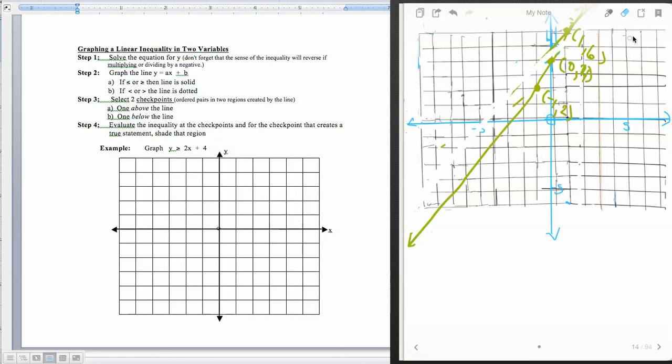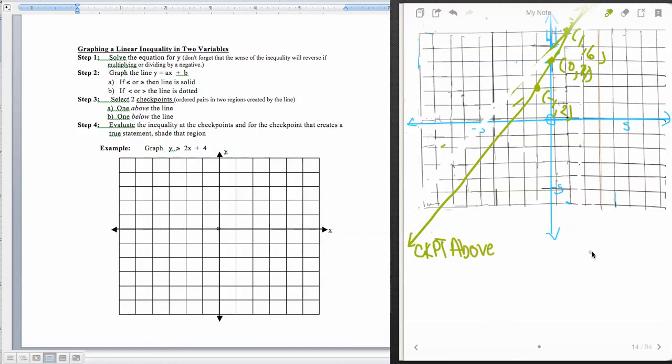So anyway, we have our line there, and now we need to see where our solutions are. One of the things that we see is that this boundary line has divided my region into a region above and a region below. So I'm going to pick a checkpoint, as we'll call it, from the region above, and I'm going to get a checkpoint from the region below as well.